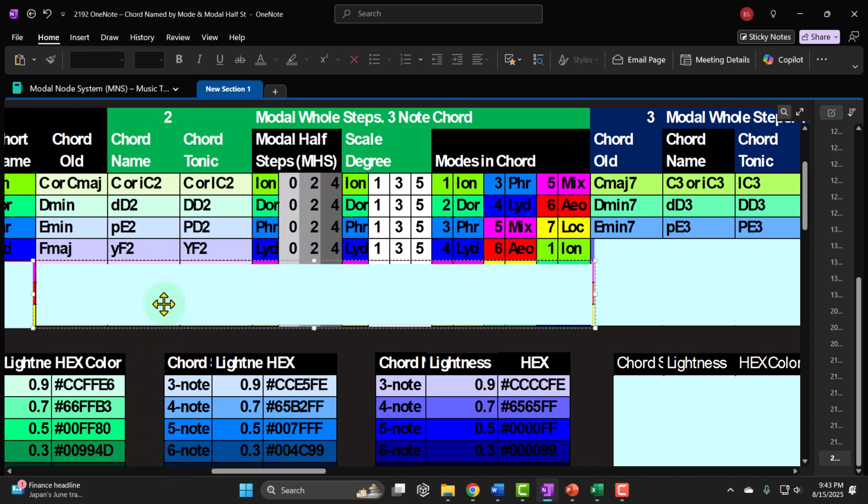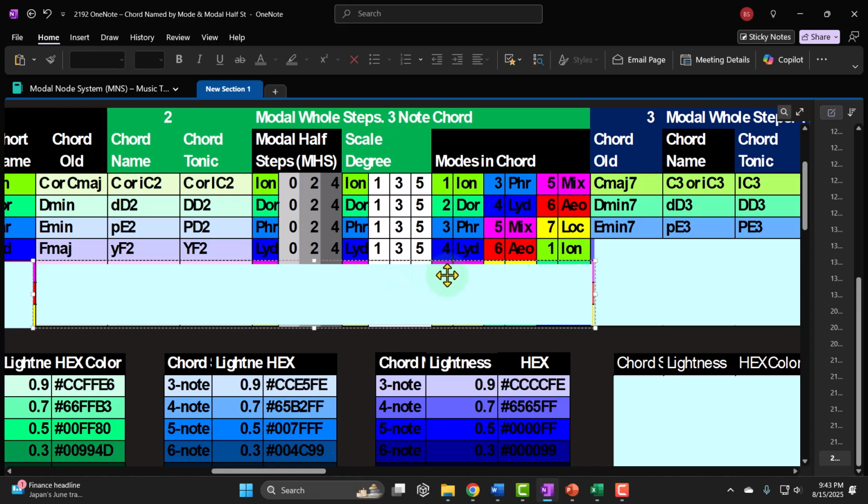So this is a Lydian F2, so we could just call it a 3-note Lydian, right? Which means that the last note in it is going to be 2 modal whole steps up. 2 times 2 is 4, so it's going to be 4 modal half steps up, which means it would be the 5th scale degree. So it would be a 0-2-4 for modal half steps, and a 1-3-5 for scale degrees. But I don't want to make the first one the 1.